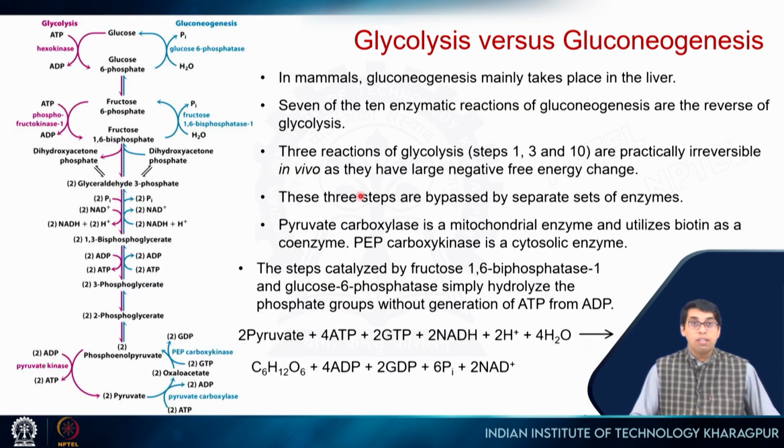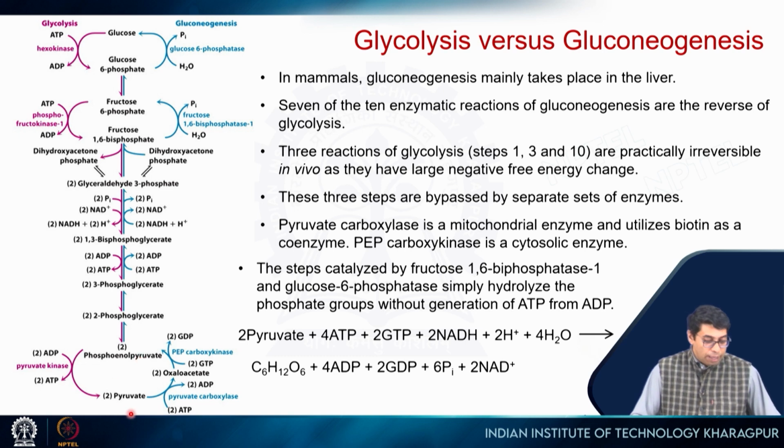So, since these are irreversible, you have to find a different way of going through this. So, these are bypassed by separate set of enzymes for gluconeogenesis. Okay. So, the first one, pyruvate carboxylase, is a mitochondrial enzyme and utilizes biotin as a coenzyme. So, when you go from pyruvate to phosphoenol pyruvate, it happens in 2 steps.